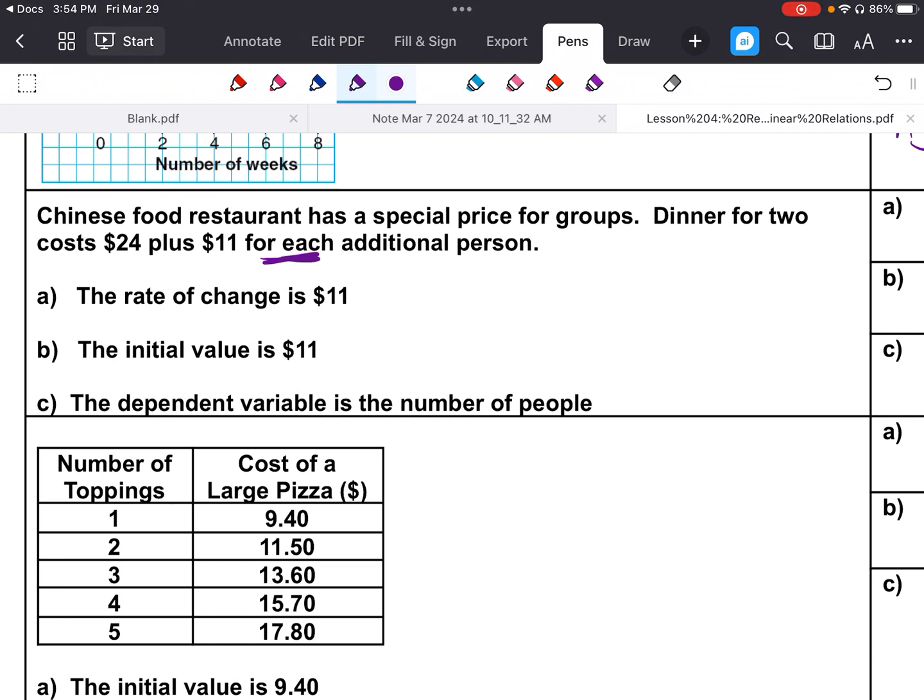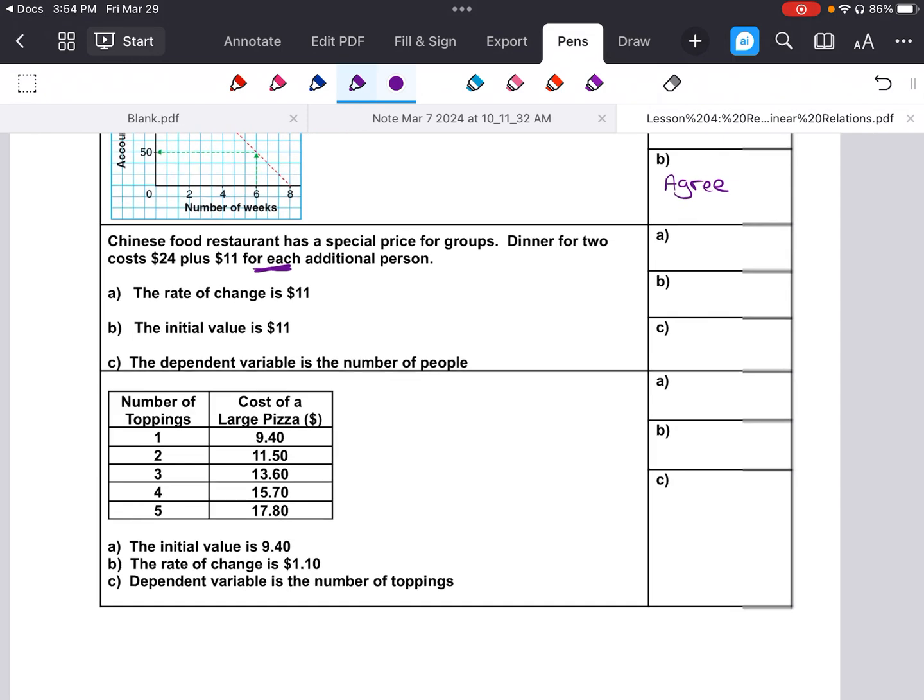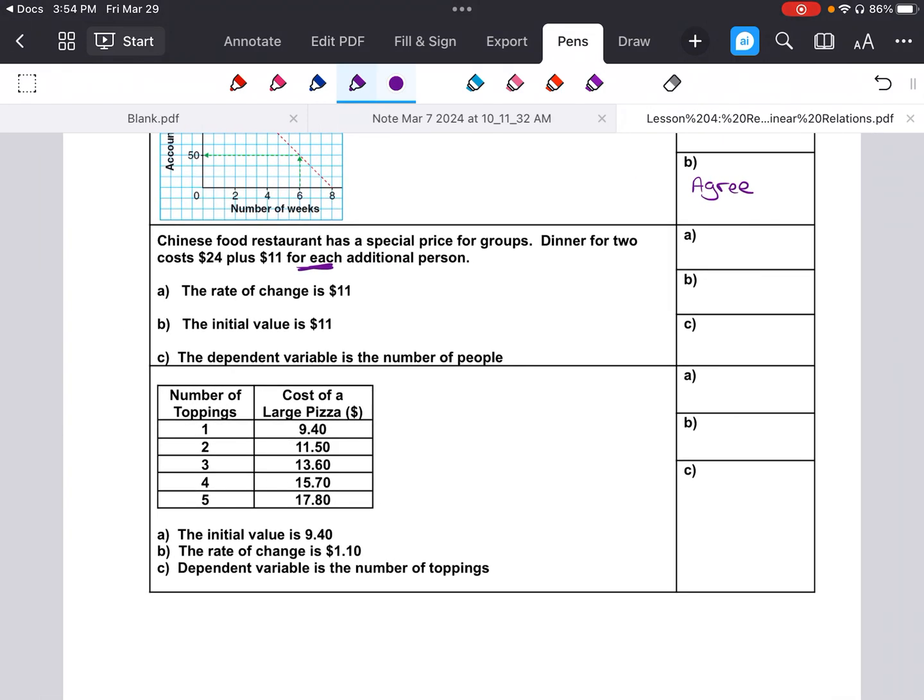So $24 just to walk in the door, and every person that walks in the door after that will be an additional $11. So the rate of change is $11. The initial value is 11. No, the initial value is the 24 because even if 0 people show up, it will still cost $24.